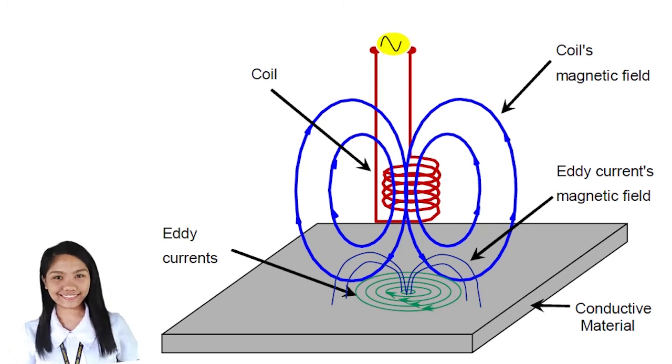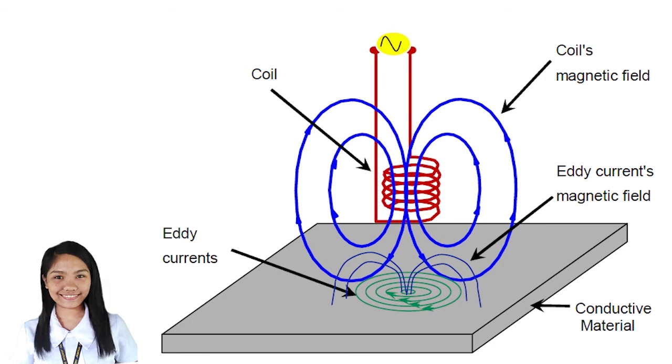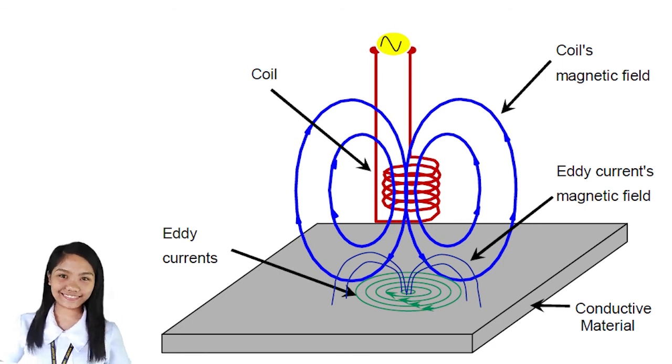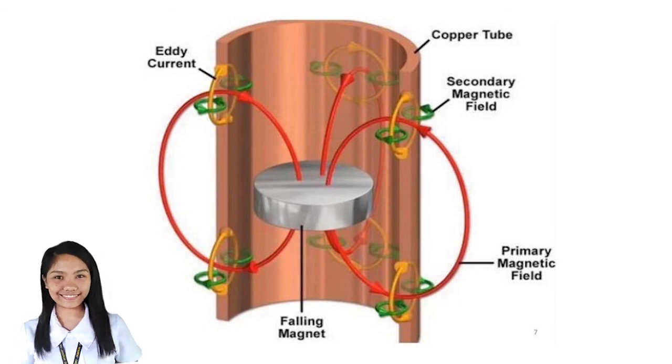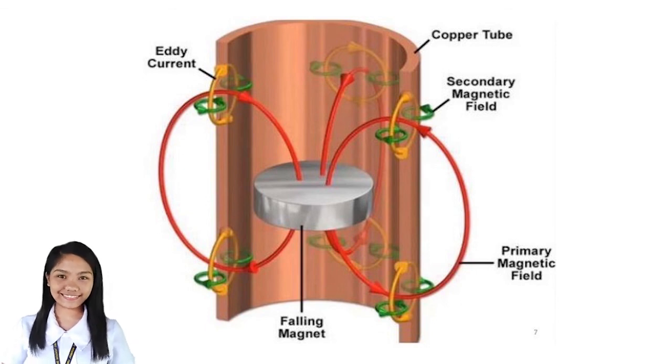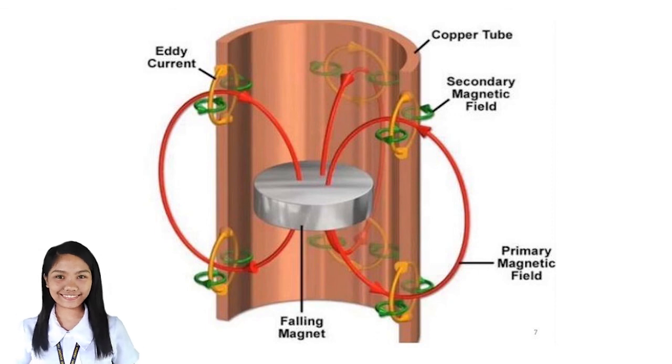Eddy currents, also called Foucault currents, are loops of electrical current induced within conductors by a changing magnetic field in the conductor due to Faraday's law of induction. Eddy currents flow in closed loops within conductors in planes perpendicular to the magnetic field. They can be induced within nearby stationary conductors and by relative motion between a magnet and a nearby conductor.